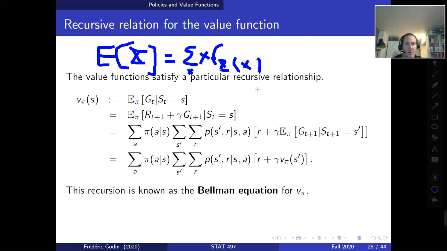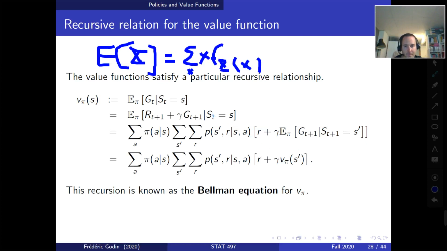These are the probabilities for all possible scenarios for the next time step, times the X here, which is the reward itself, plus gamma times the expected gain, the expected return at the next step. How this return becomes an expected return is through that double expectation theorem we just outlined.